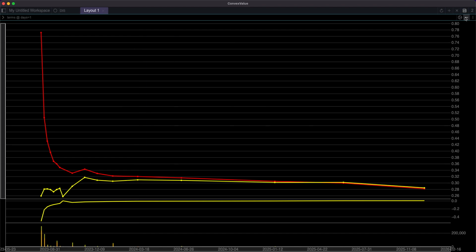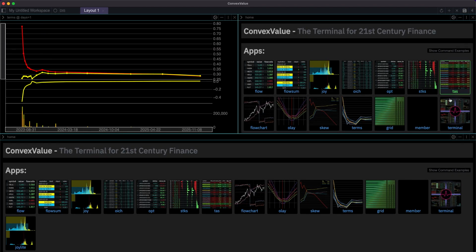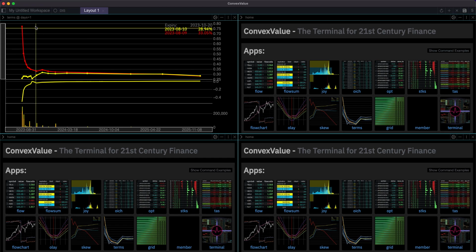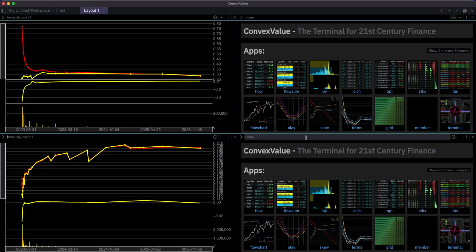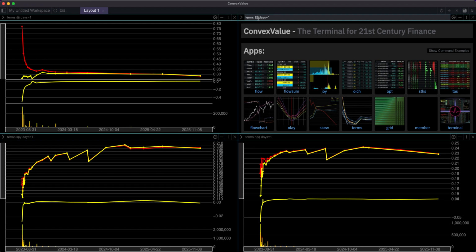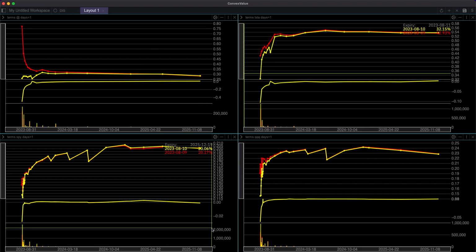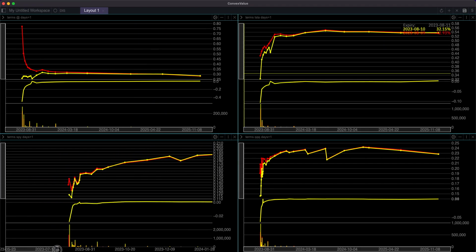And I mean, this is cool because let's look at like SPY term structure. Let's look at QQQ term structure. Let's look at what else? Tesla term structure. So, and you can drag like this.